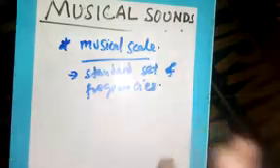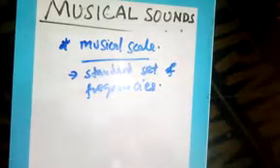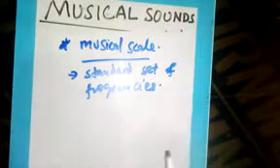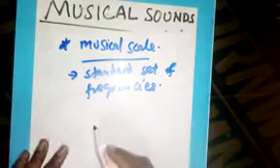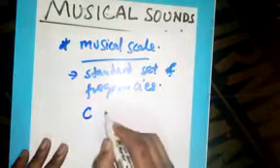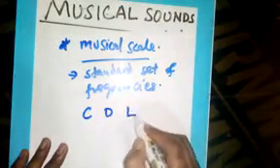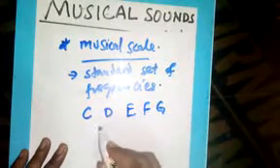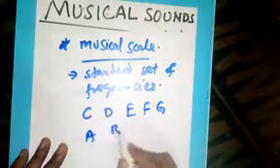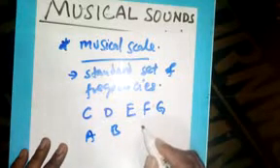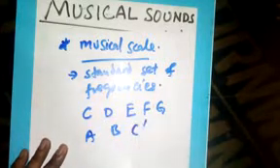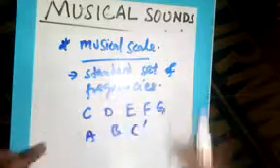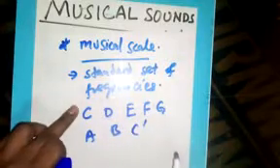It talks about lower frequency, moderate frequency, and higher frequency, and the musical scale is given in terms of letters. The standard letters are C, D, E, F, G, A, B, and C dash. Therefore, this is the scale. C has its frequency.